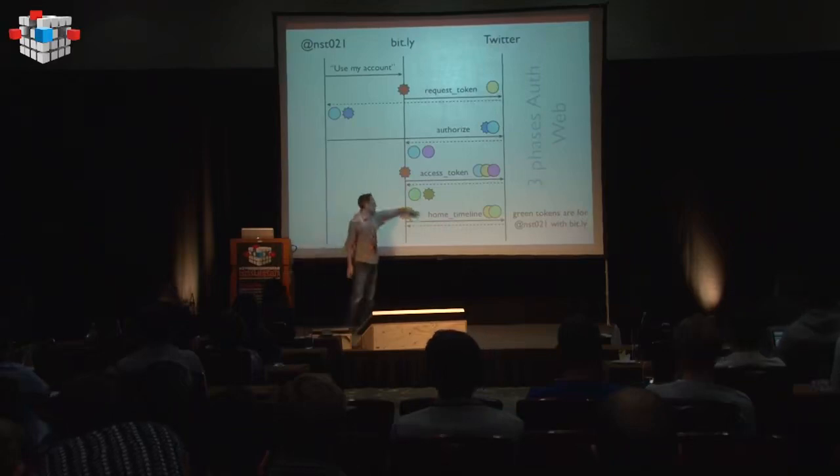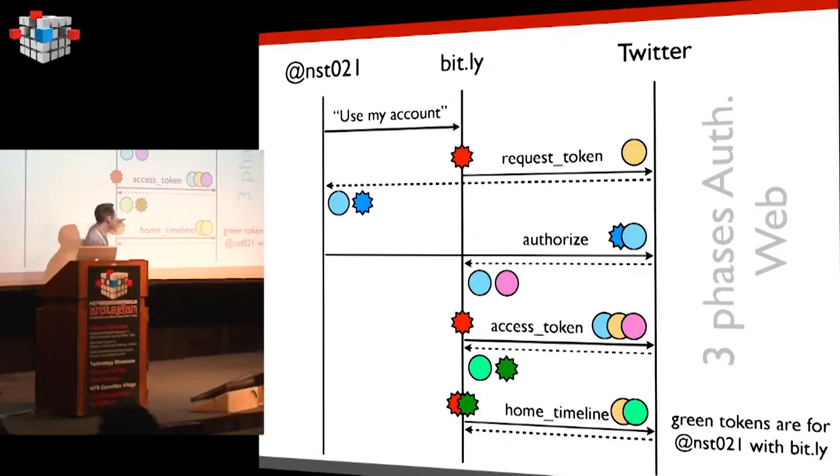At the end of the process, what is important is these green tokens. This is indeed the access tokens, which are used both for signing the request and sending the public part, the public token, to interact with Twitter API. So this is the first case when you have a third party.